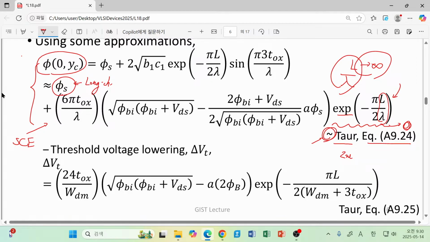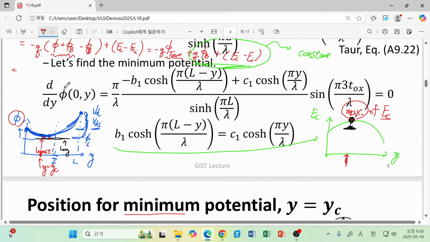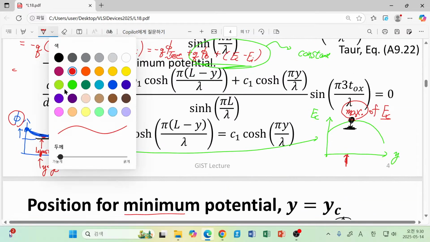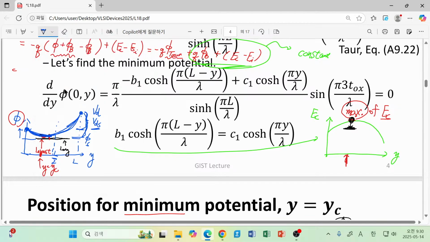If we have a long channel device, then there will be almost no change. Why doesn't it have any impact? That is quite easy to understand. If we have a very long channel, and say this corresponds to our drain side voltage and this is the source side voltage, then our potential will diminish here and approach phi s over quite a long distance.